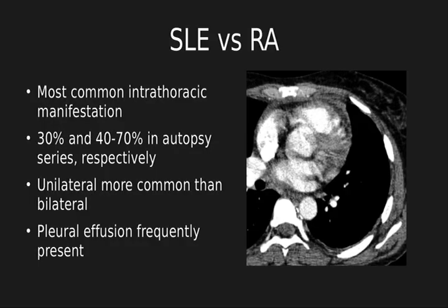Another differential diagnosis of the pleural thickening is systemic lupus erythematosus and rheumatoid arthritis. The most common intrathoracic manifestation is the pleural thickening. 30 and 40 to 70 percent of patients in autopsy series, respectively, 30 in lupus and 40 to 70 in arthritis, show a pleural thickening in the autopsy.